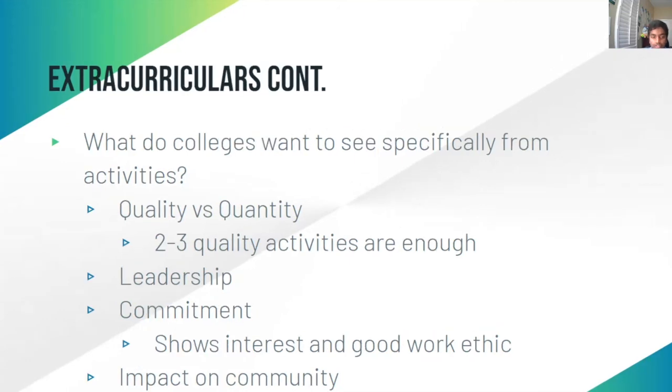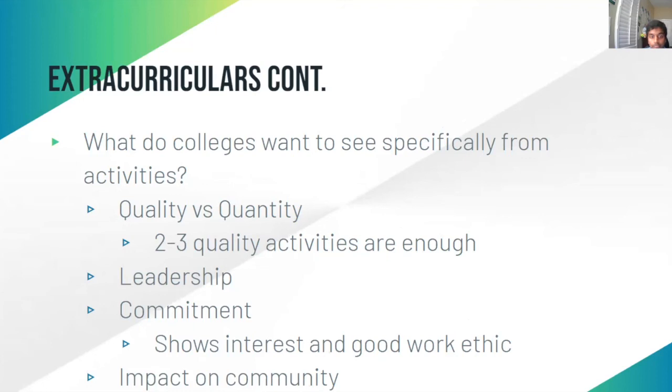Okay, but apart from the activity itself, what do colleges specifically want to see? First off, colleges want to see quality rather than quantity. A student that is part of 10 clubs, but plays a really minor role or no role at all, does not look good on the application. Being part of a small number of clubs, but being a vital member in each of them, makes your application look strong.